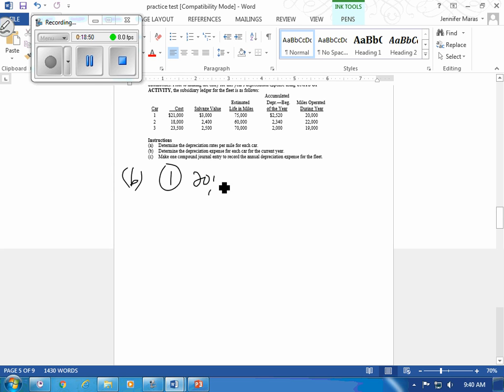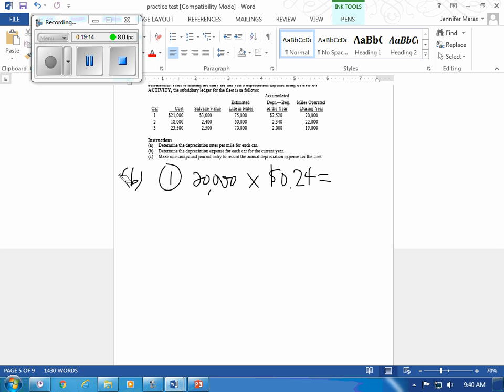Actual miles driven were 20,000 times the 24 cents a mile, $4,800 in depreciation. Number 2 is 5,720. Number 3 is 5,700. So it felt kind of easy.